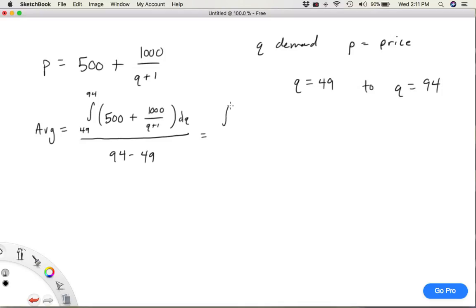Okay, so the first one is going to be the integral from 49 to 94 of just 500, plus this other integral from 49 to 94, and I'm going to rewrite this one as 1,000 times Q plus 1 to the negative first power.